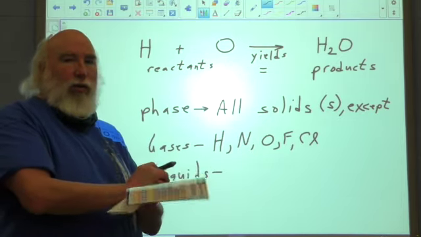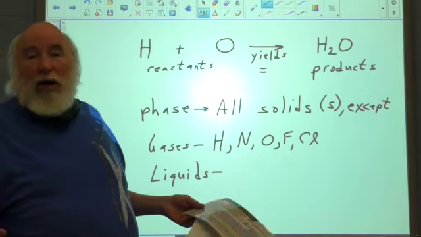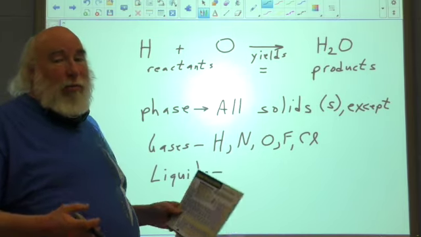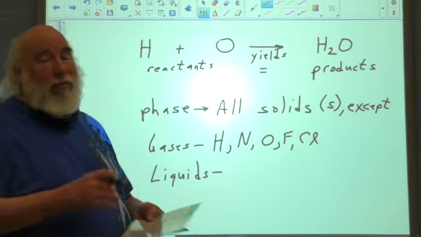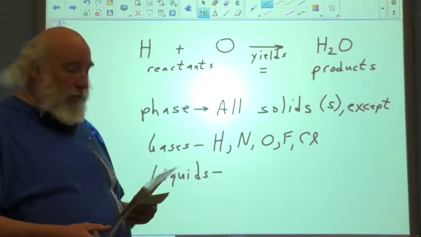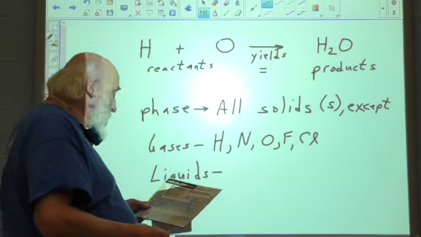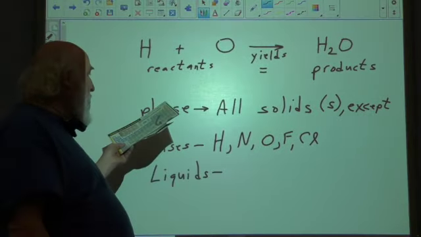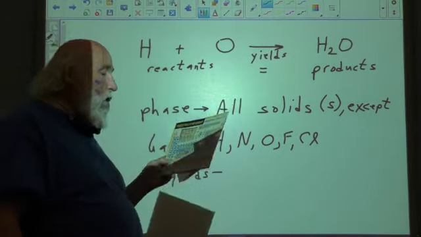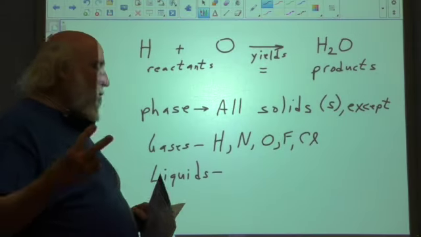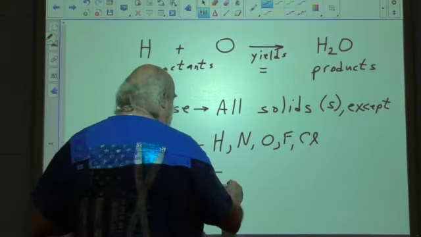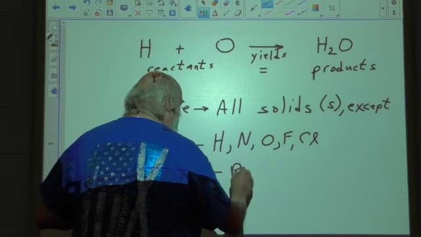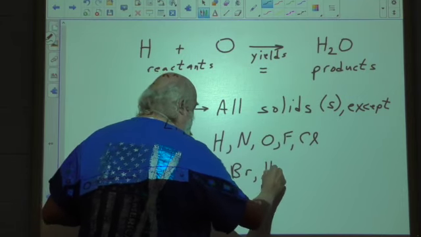So you could have a liquid gallium in your hand, and it won't be hot because you didn't have to boil it with a flame. Your body temperature did it. Anyway, we don't consider gallium a liquid. We consider gallium a solid, so it fits this category here. But there are 2 liquids at room temperature, and they are bromine and mercury.